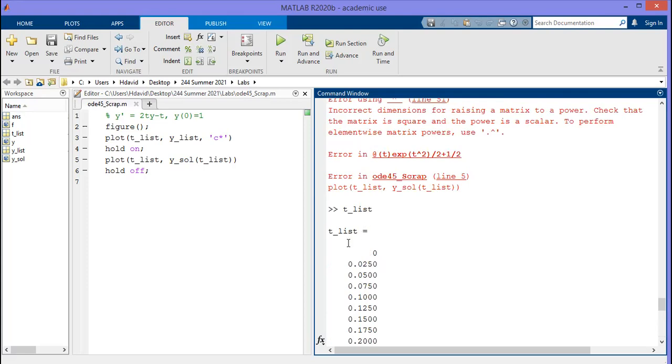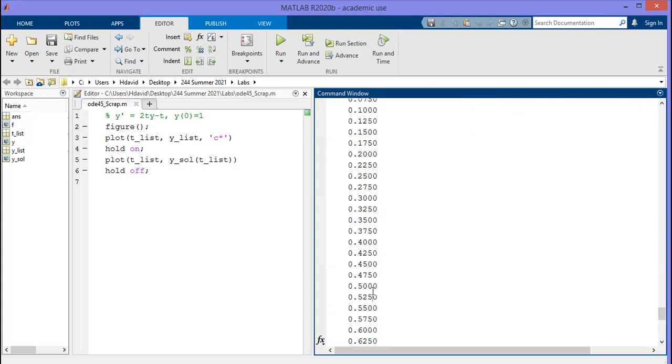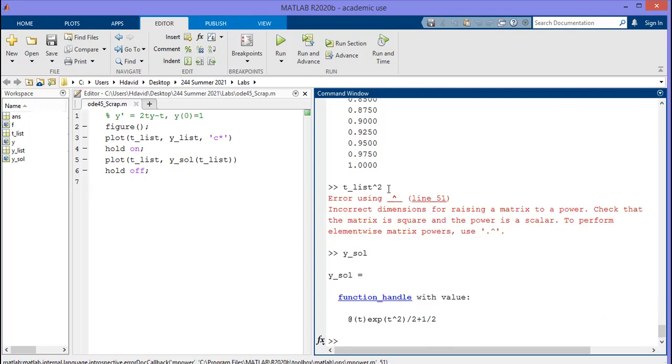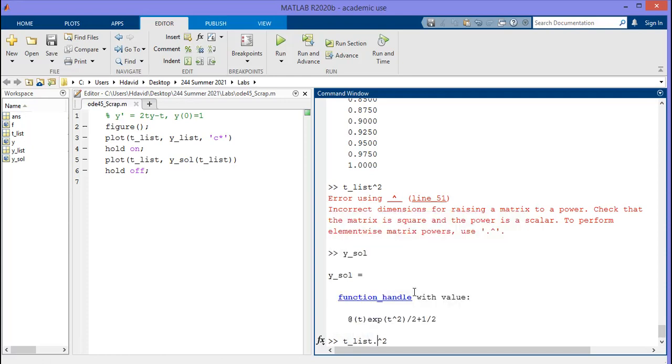Basically it treats this as a matrix, and in terms of matrices, there's a certain meaning for what it means to square a matrix. We'll talk about that later in the course, but squaring a matrix is only a thing you could do if it's a square array, if it has the same number of rows as columns. Since that isn't true here, because it's just a long array with many rows and one column, this is not allowed. If you want to square each entry, you have to put a point.